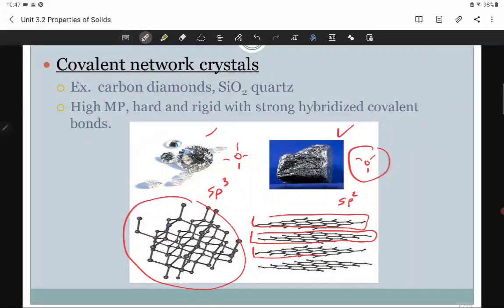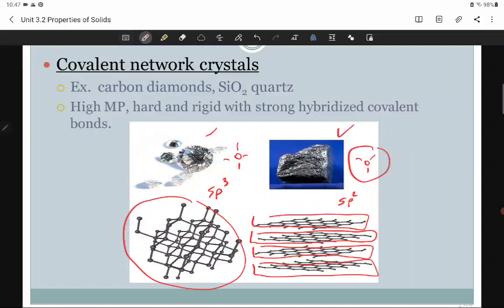And these sheets are well connected inside that sheet. The carbons are well connected there with this sp2 bonding, but sheet to sheet to sheet, there is no covalent bonding that occurs between these sheets.